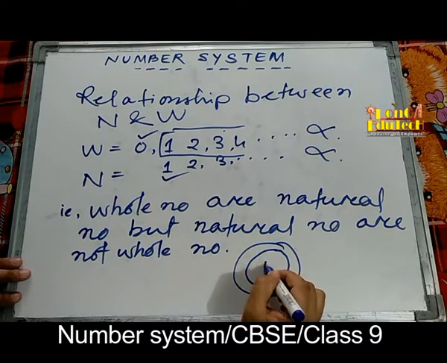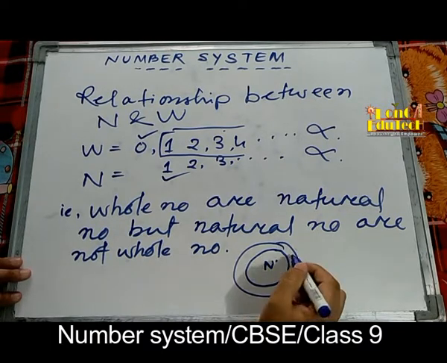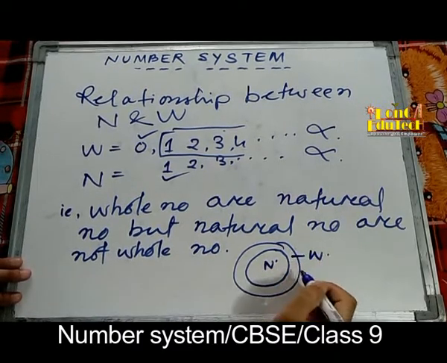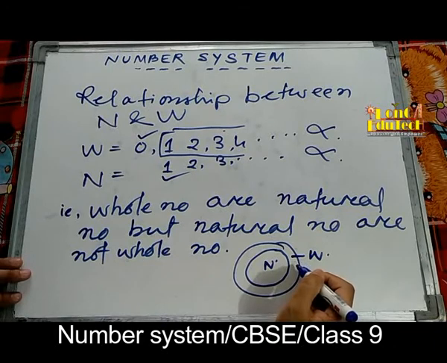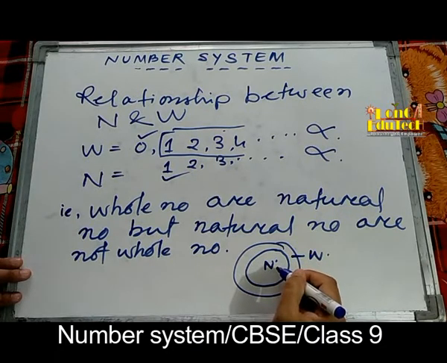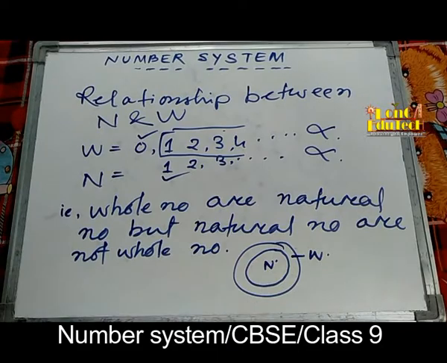You see, natural numbers are here inside the whole numbers. That means all the natural numbers are whole numbers, because inside the whole numbers, all the natural numbers are included. This is the relationship between the natural numbers and the whole numbers.